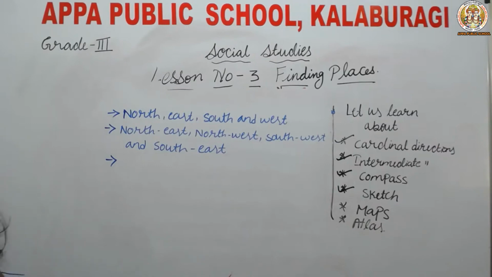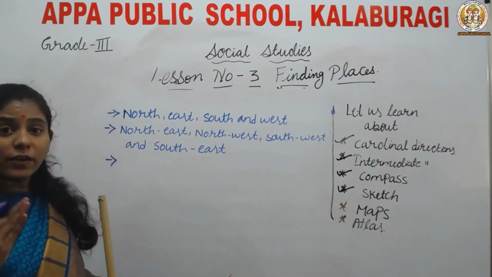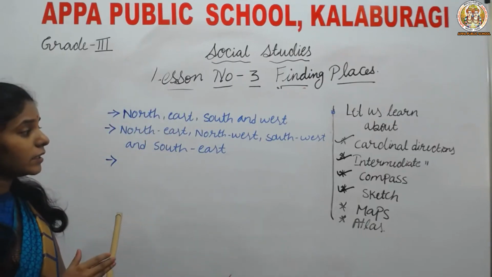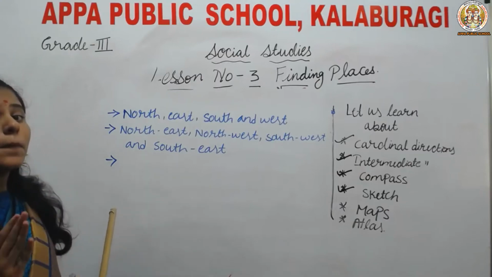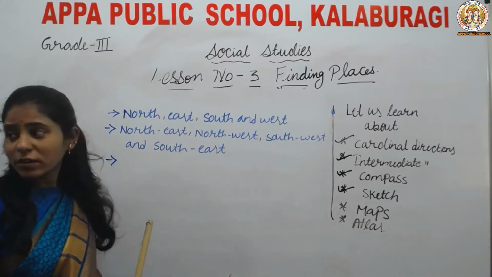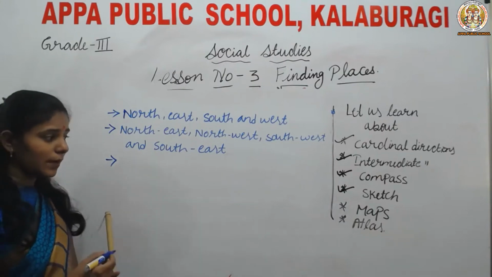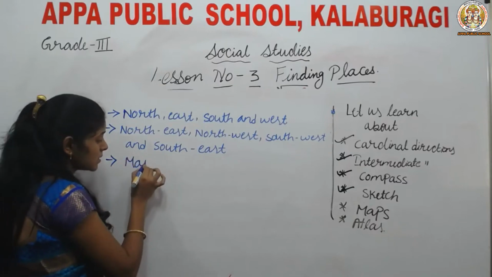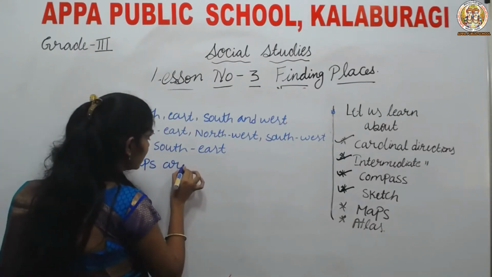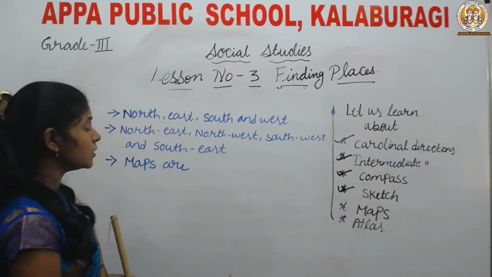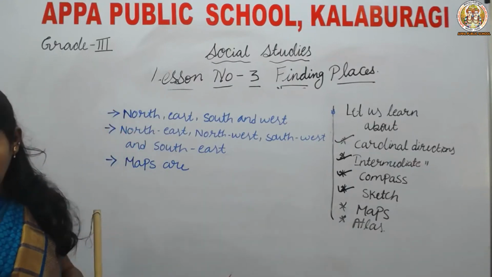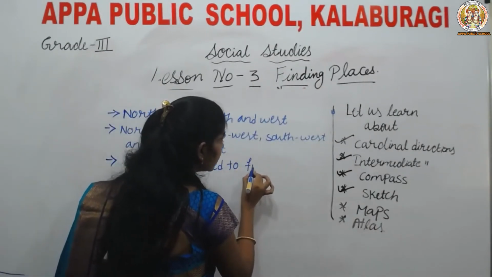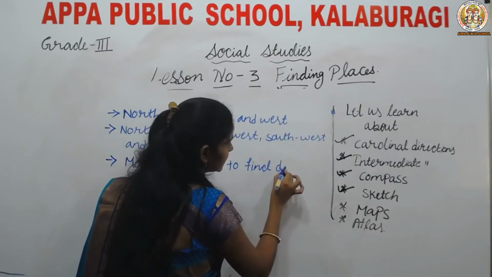Okay. Then what have we studied? A sketch. A sketch is a rough drawing that shows the direction to a particular place. After that, we studied about the map. Why are maps used? Maps are used to find directions.